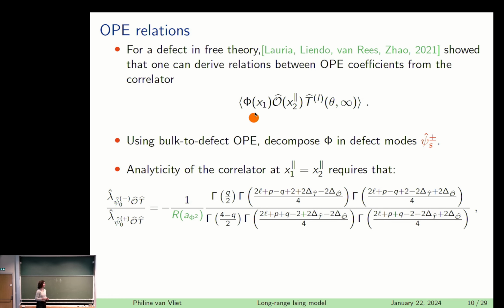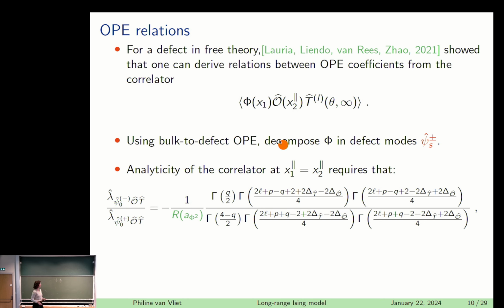And now we can write an expression for this correlator, and we can require that it has the right analyticity properties. It turns out that that's not satisfied trivially, but that you actually need to impose relations between OPE coefficients to make sure that it's analytic in all the right regions. And this leads to the following equation for the ratio of OPE coefficients involving psi minus and psi plus.